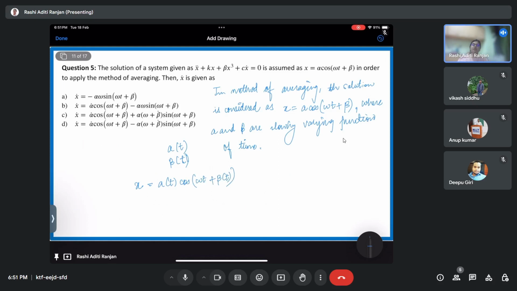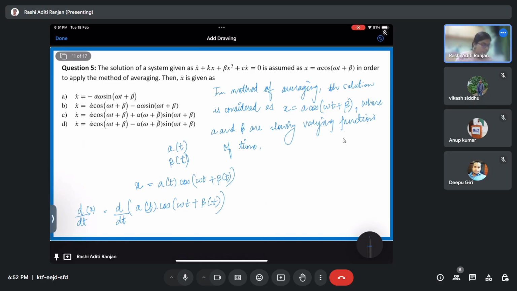So it is asking to give x dot. x dot is easy to compute, right? What do we have to do? We have to apply d by dt of x, which is nothing but d by dt of a of t cos of omega t plus beta of t. So there are two time functions multiplied with each other, a of t and cos of omega t plus beta t.